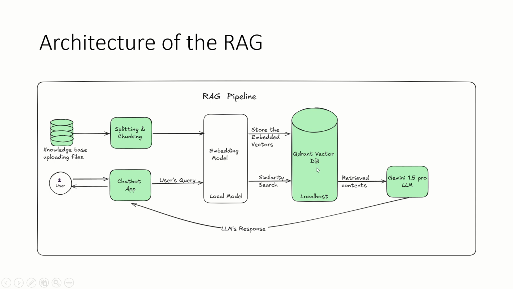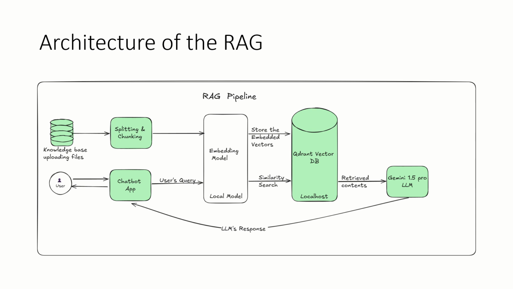After embedding, a similarity search is done in the vector database to pick the top 10 or 5 similar vectors or documents. That similar list, which means the retrieved contents, is passed into Gemini 1.5 Pro.